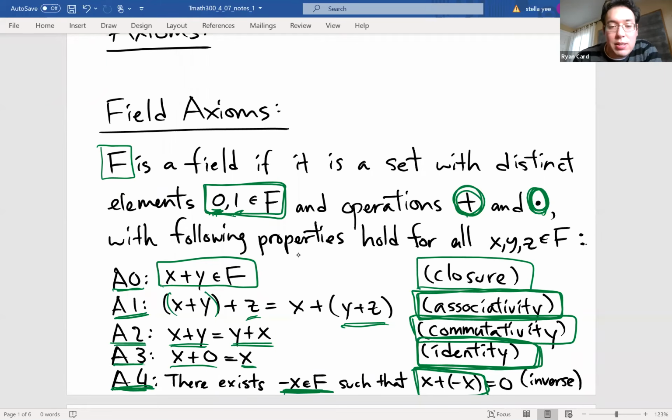So there's something you can add to get you back to 0. So that has to be true for it to be a field. So these are the 5 axioms for addition. There's a similar set of axioms for multiplication as well. Let's go through it.